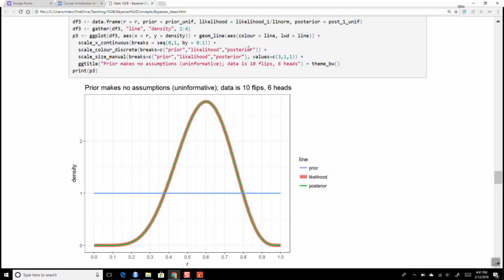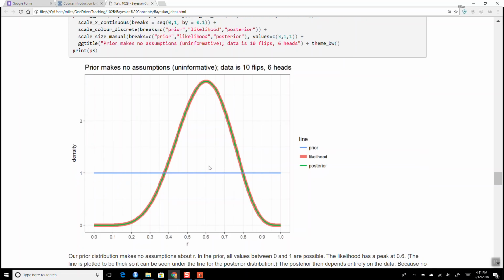I had to change the line thickness of the likelihood so that you could see it underneath; otherwise, it looked like just one line, and as if the likelihood wasn't plotted. But it is. The posterior just goes exactly on top of it, because in this uninformative situation where we are making no assumptions about R, the data will determine everything we believe about R.